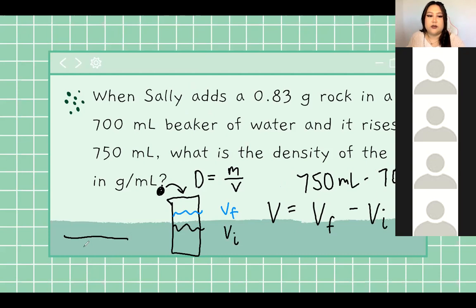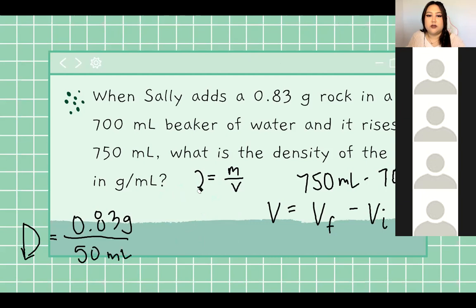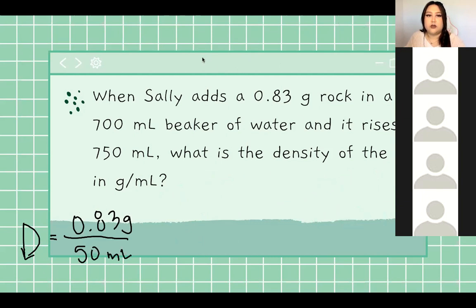So 50 milliliters equals density, and it gives us also the mass. So let me erase this drawing. Okay, and everything is in the correct units. And so you just divide 0.83 by 50.